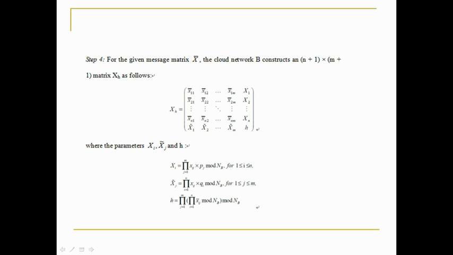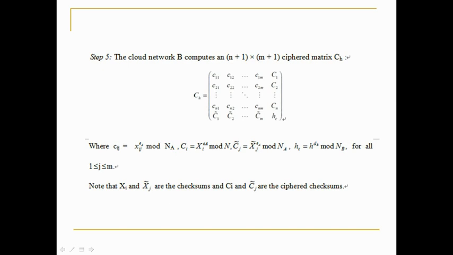For step 5, the cloud network B computes an n plus 1 multiply n plus 1 cipher matrix CH, which follows this condition, and note that xi hash and xj hash are the checksums, and ci hash and cj hash are the ciphered checksums.